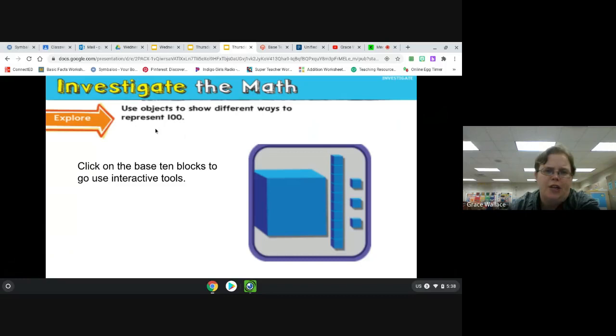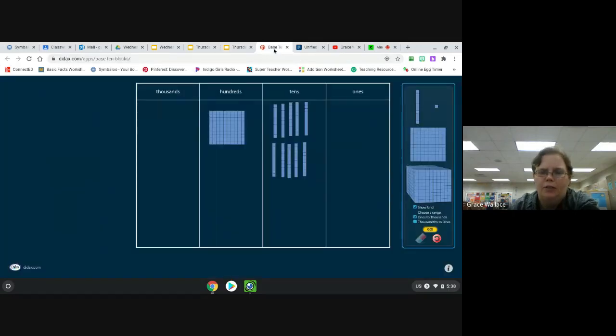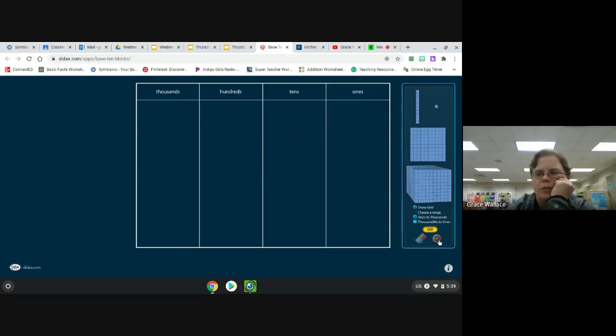So our question here is use objects to show different ways to represent 100. We just did that with our base 10 blocks. We have 10 tens equal 100. We could have 2 hundreds and add 10 more tens. We could take away all that and count by ones.